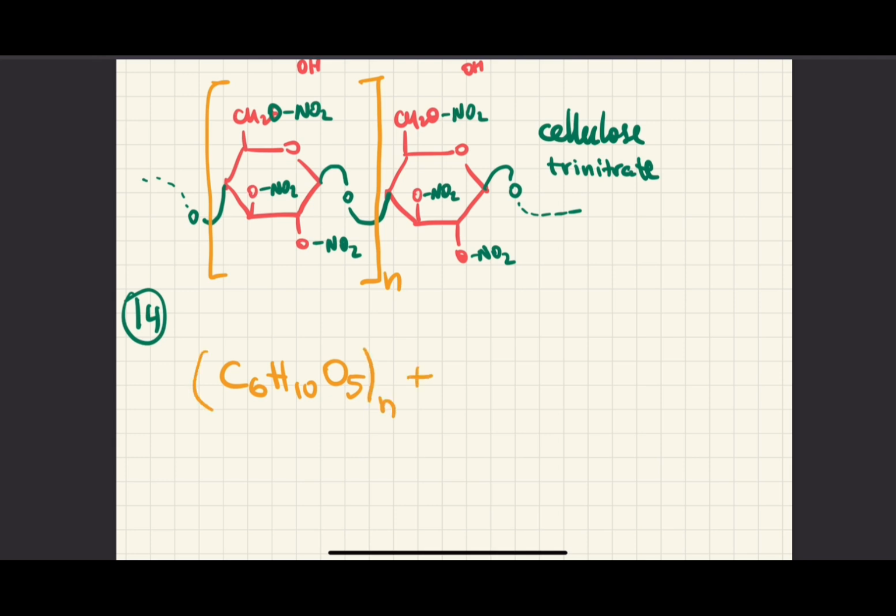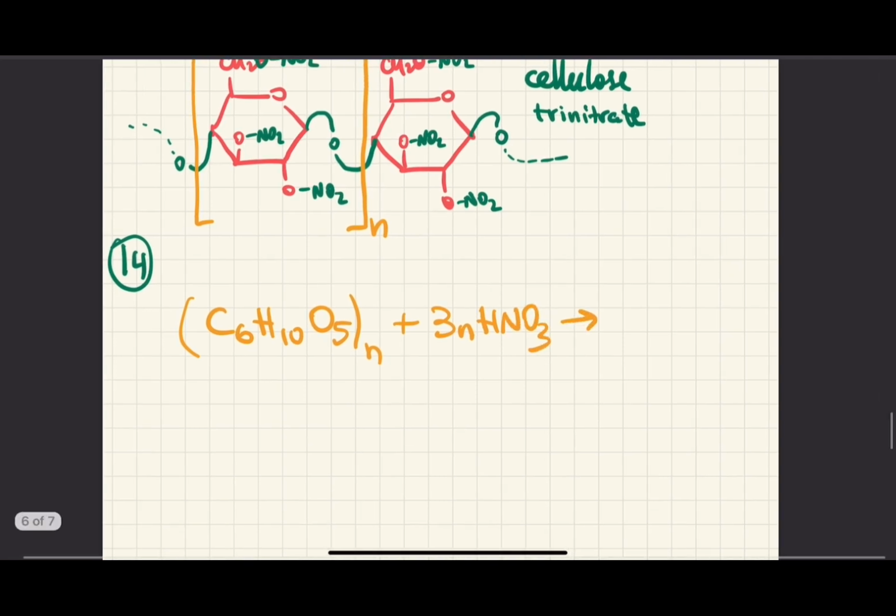And then we will add 3 times more HNO3, and what we will get out of here is gonna be 3N times of water, and we will get C6H7O2, and we will have 3 nitrates.